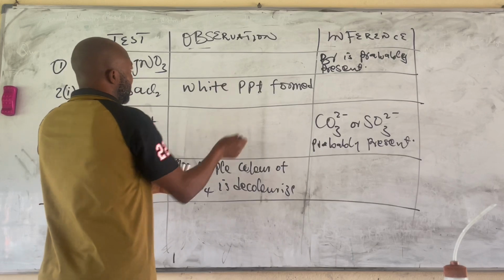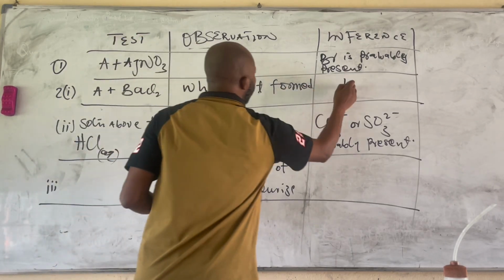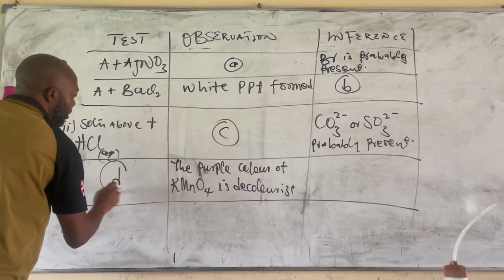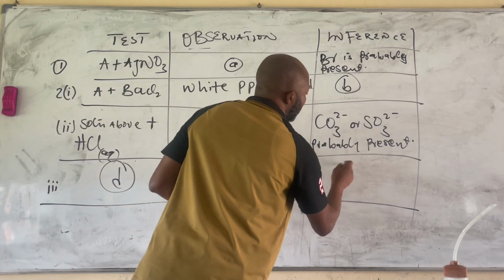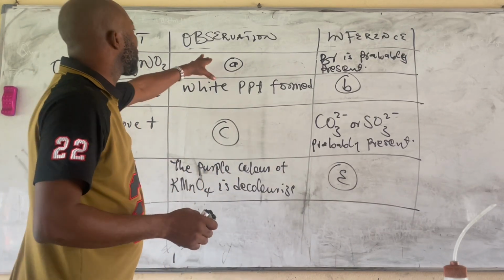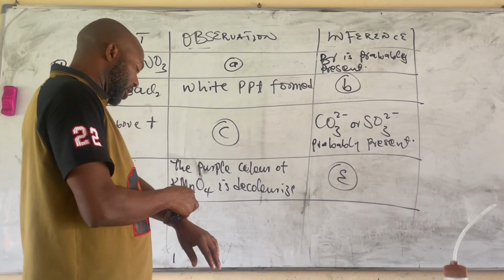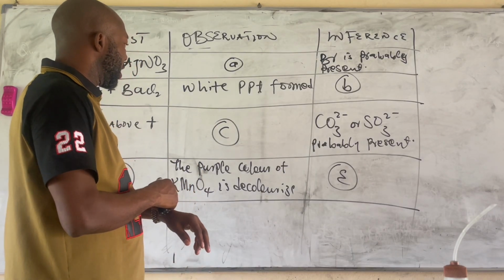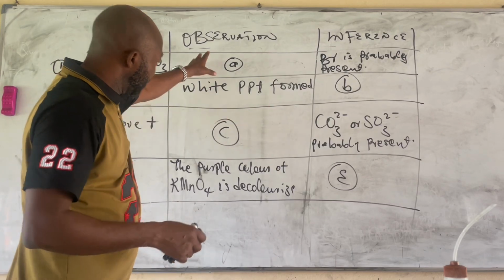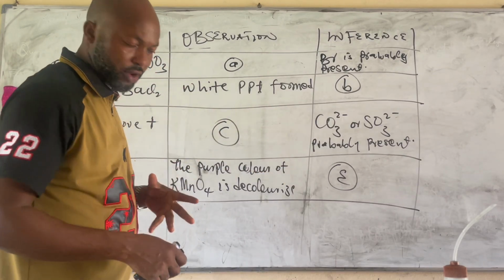Let me call them A, B, C, D, and E. Your job right now is to send the solution to A, B, C, D, and E to my channel. Go to the comment section and text the solution. When I look through it, I will know whether you're right or not.